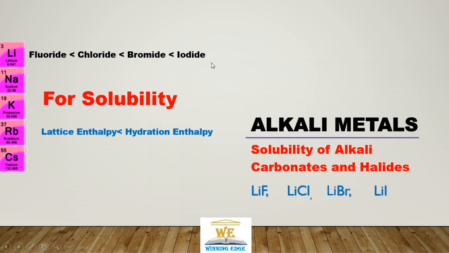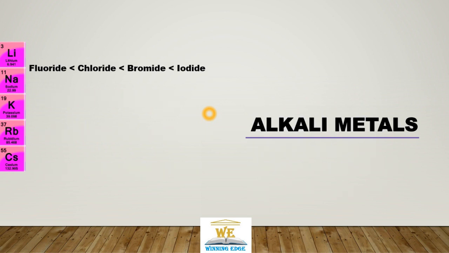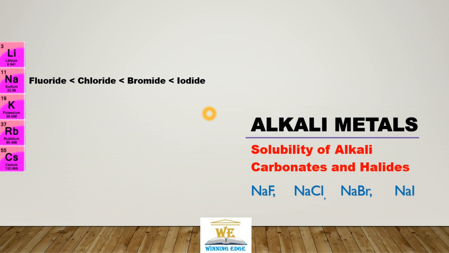For the same reason, because of the highly covalent character, lithium iodide's structure is easier to break compared to lithium fluoride, so its lattice enthalpy will be smaller, and that's why the solubility increases from fluoride to iodide. Next is sodium fluoride, with the same reason: solubility increases from fluoride to iodide.